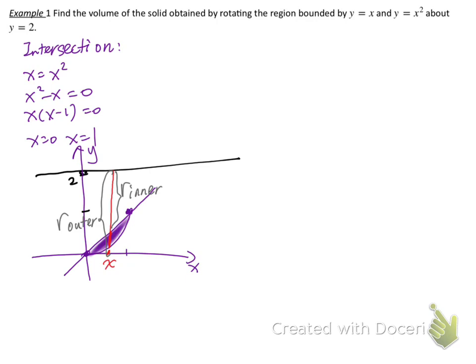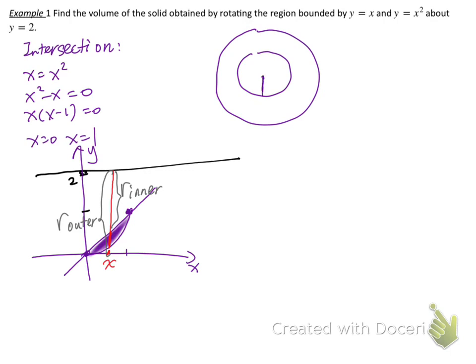So the line segment, the closer point to L, the distance from the closer point to L is the radius of the inner circle, and the further point from L is the outer radius. Then we can say we are having a ring. And what kind of ring? Let's see. So we know it's a ring.